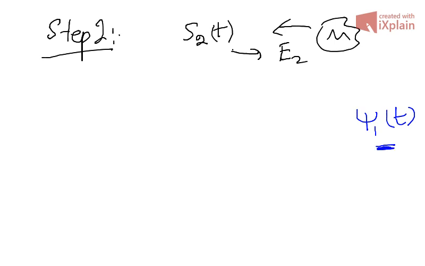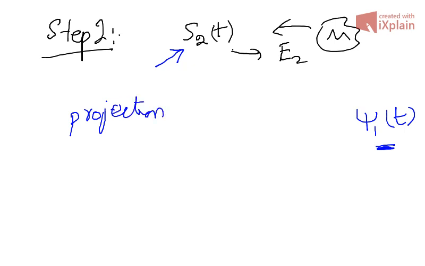Now what we have to do, when we select S2 of t, the second non-orthogonal waveform from that set, is find the projection. I would like the projection of S2.